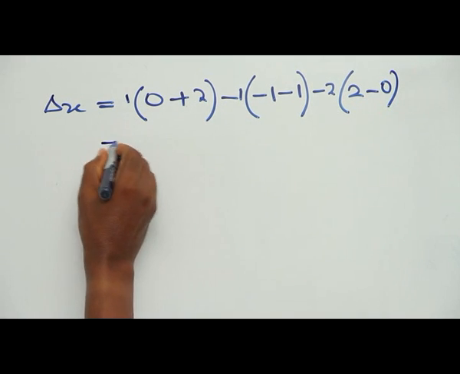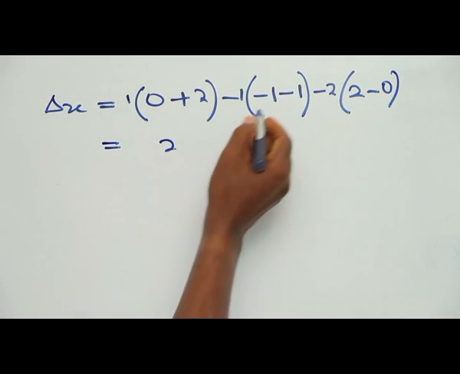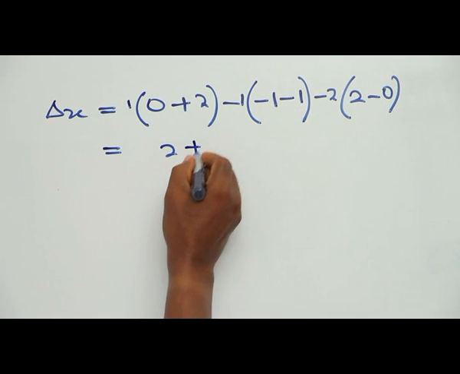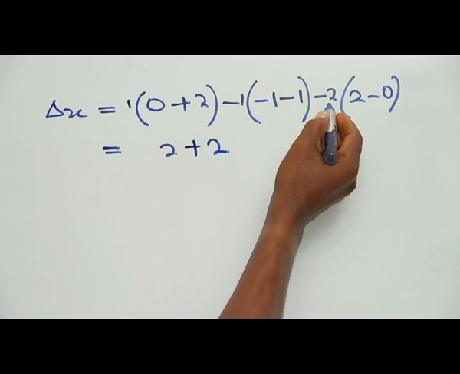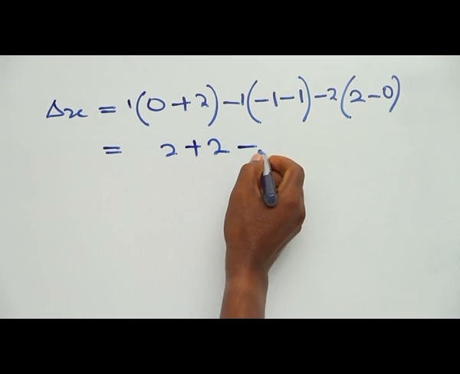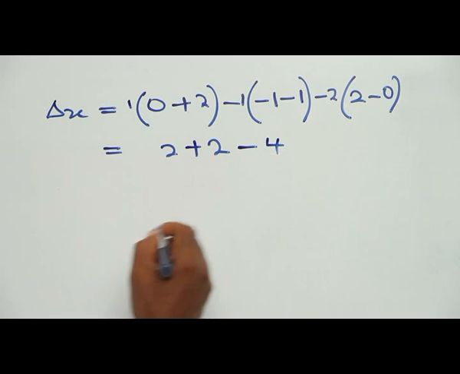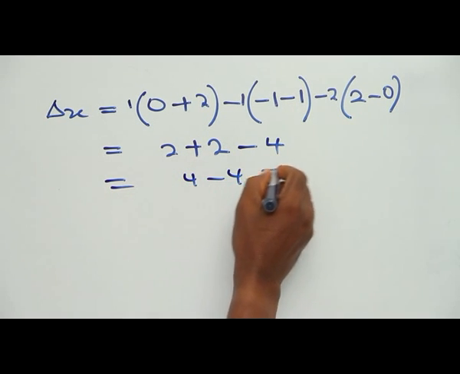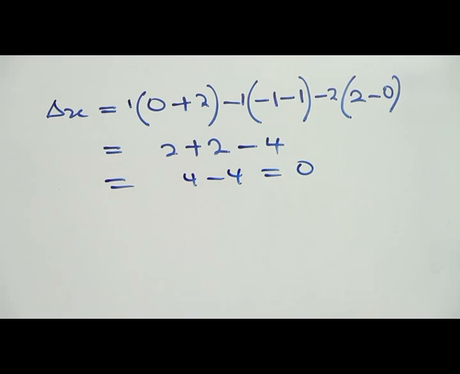So you simplify this to give you your 2, minus 1 is minus 2, times minus 1 is plus 2, and then you have minus 2 times 2 is minus 4. So what do you have at the end? You have that 4 minus 4 is equal to 0.